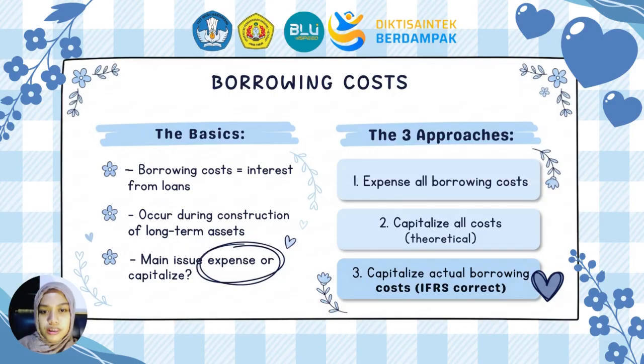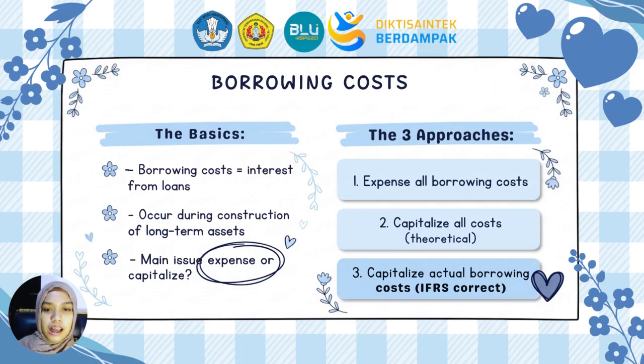And the second approach is capitalize all costs, theoretical. This approach says capitalize all borrowing costs, including interest from debt and a theoretical interest from equity. The problem is calculating interest on equity is subjective and difficult. And the third one is capitalize actual borrowing costs.